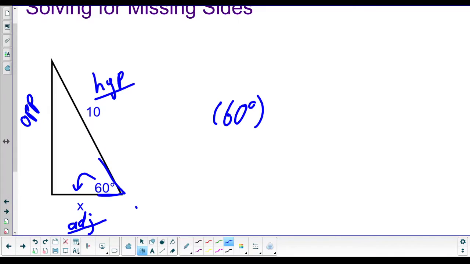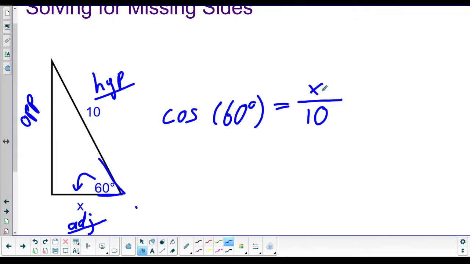So you need to ask yourself, which trig function has adjacent and hypotenuse in it? Think about it. Very good. Cosine. So cosine is adjacent, which we don't know, x, divided by the hypotenuse, 10.